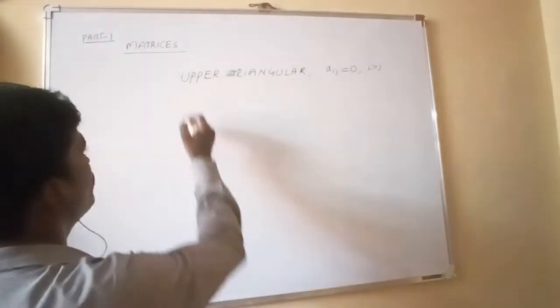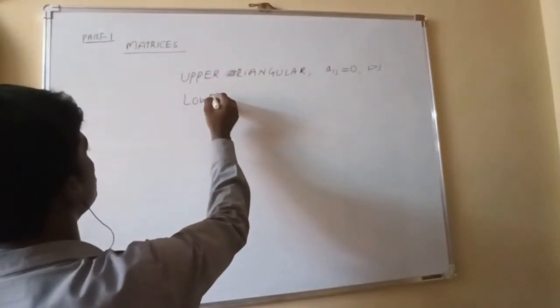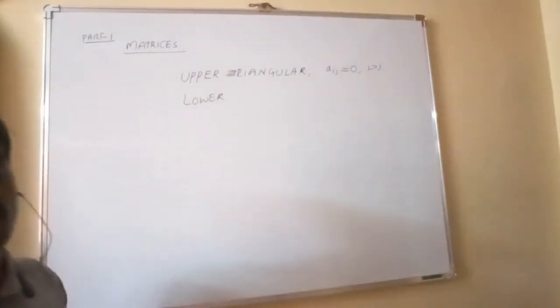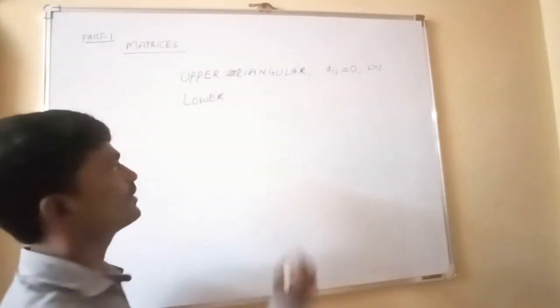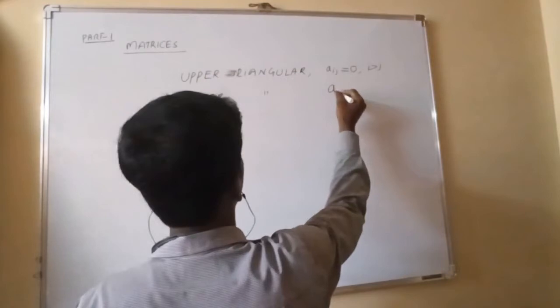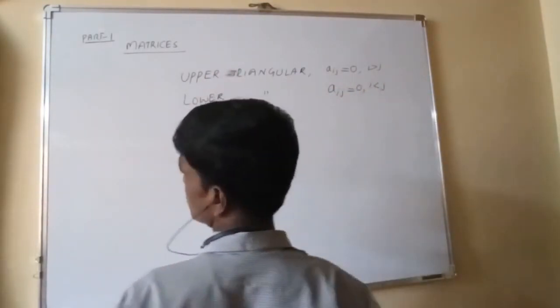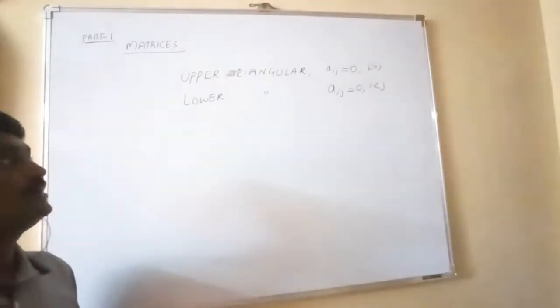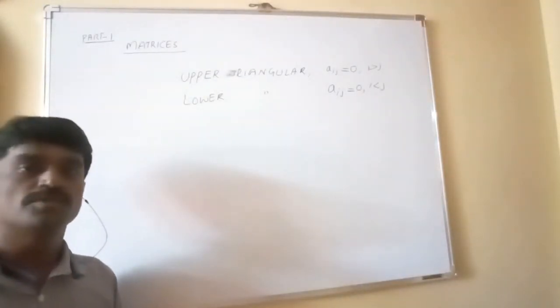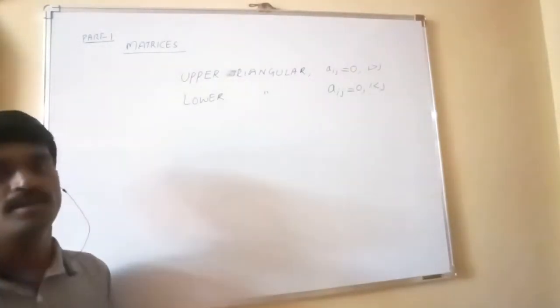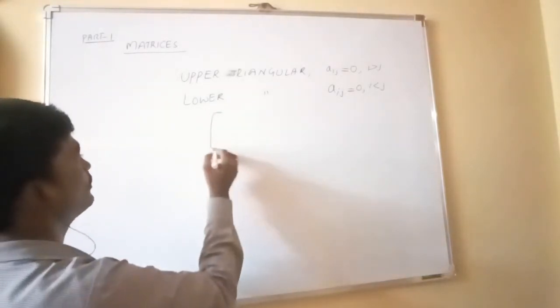Obviously, what will be the lower triangular definition? A square matrix is said to be a lower triangular matrix if Aij is equal to 0 for i less than j. That is, the elements present above the diagonal are equal to 0.